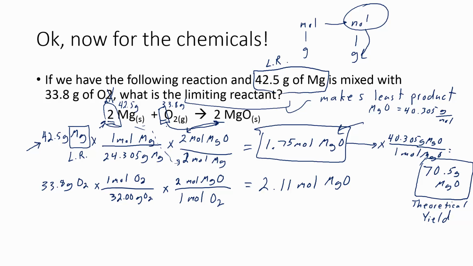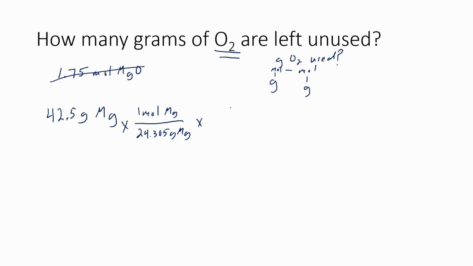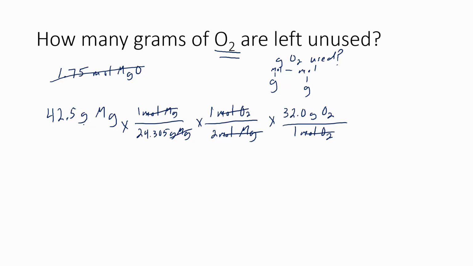So it's a 1:2 ratio here, 1 mole of oxygen for every 2 moles of magnesium. And now we want grams again, so 32.0 grams of oxygen for every 1 mole of oxygen. We check that everything cancels out correctly. Good. So now we just need the number.